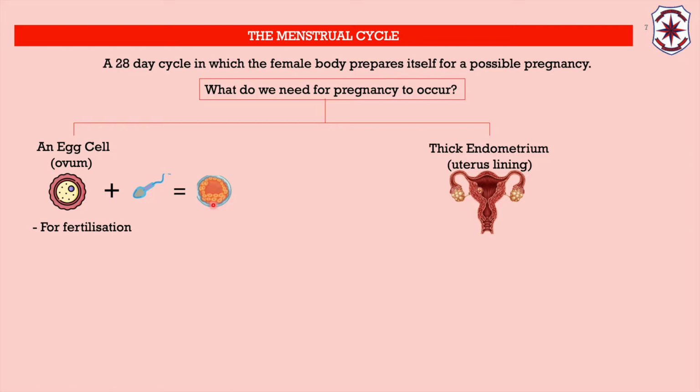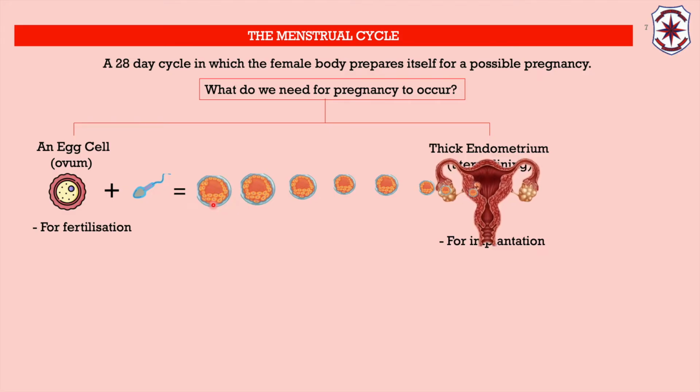All right? And then the zygote will eventually become the blastocyst, if you can still remember. And then the blastocyst will implant itself on the thick endometrium. So, for implantation, we need the blastocyst to attach itself to the endometrium.